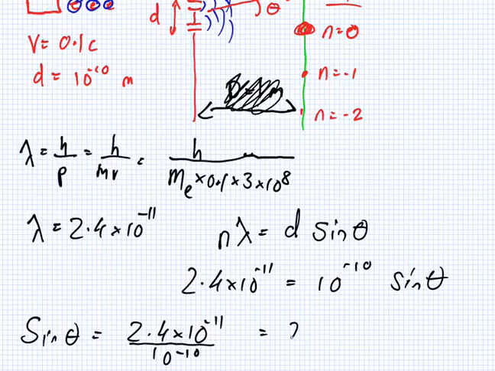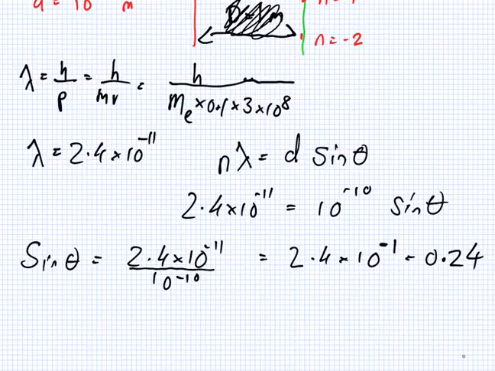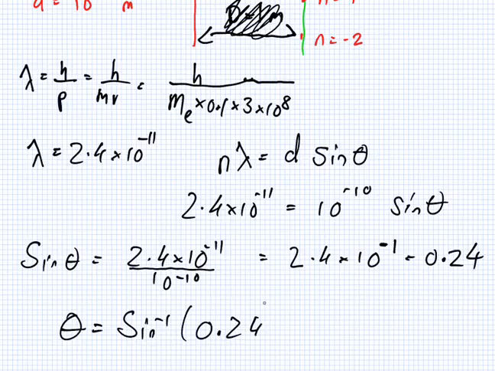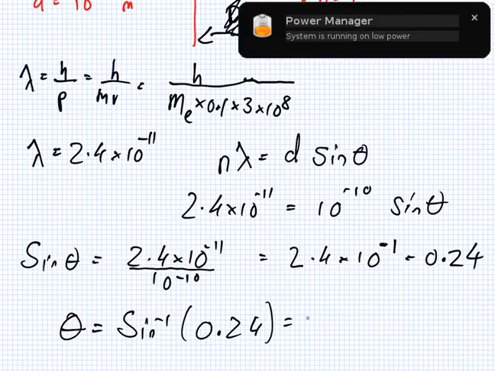So that equals 2.4 times 10 to the minus 1, which equals 0.24. What is this angle, please? Well, I would like degrees if it's possible. 13.8.